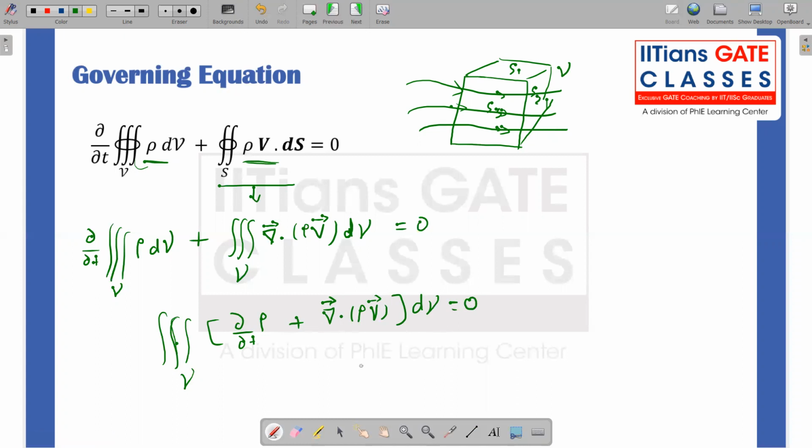Because this integral is giving me 0, and my finite volume of interest is not 0, that means the integrand should be 0. Which gives the form of this equation to be dou rho by dou t plus divergence of rho v, which is equal to 0.